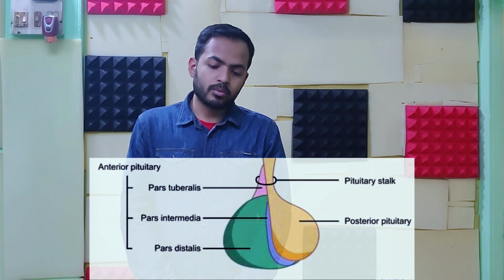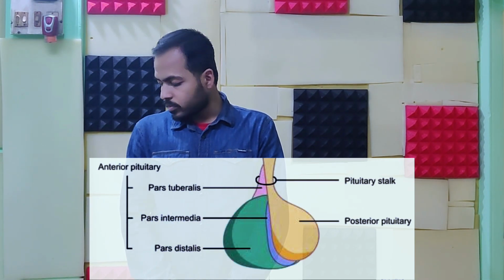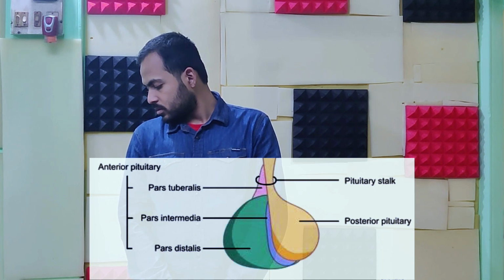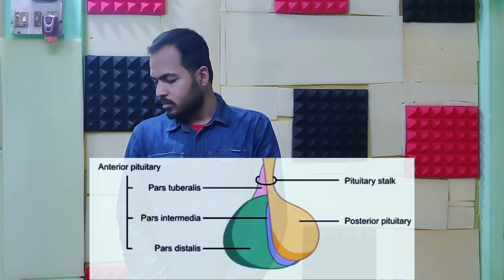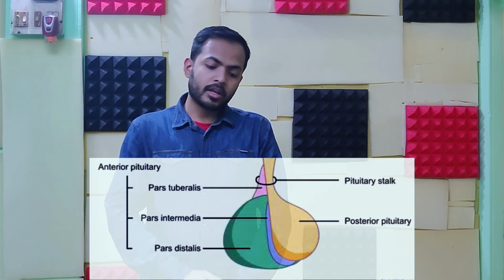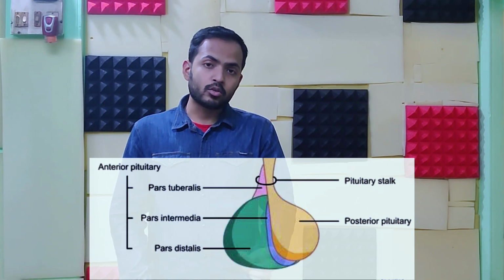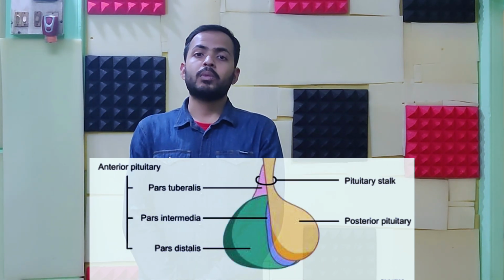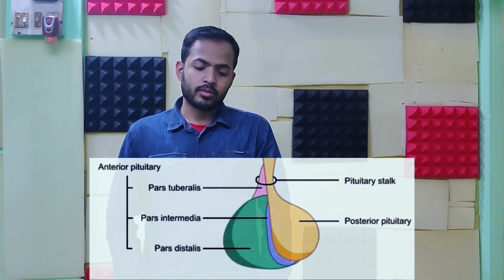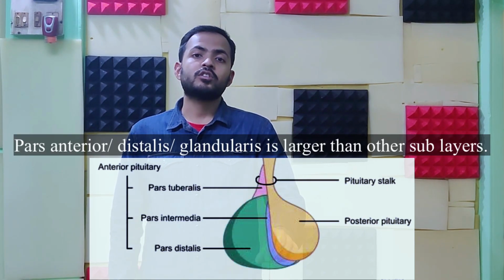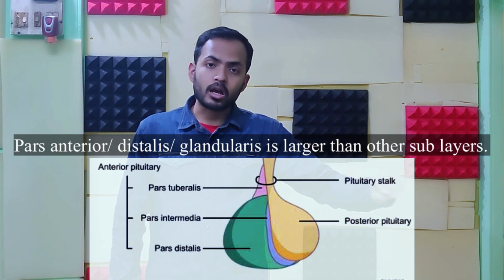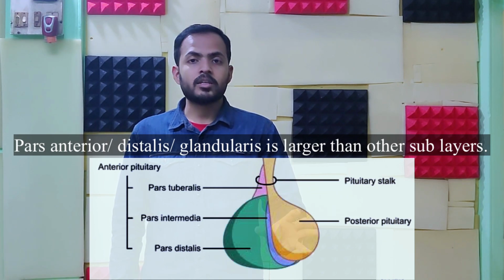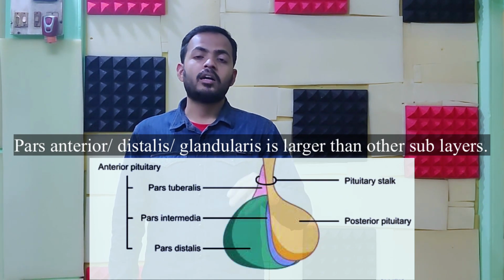The pars anterior is also known as pars glandularis, and also as pars distalis. This sublayer is a little bit larger than the other sublayers.